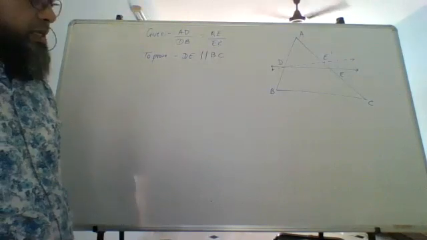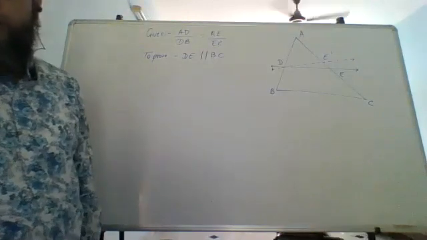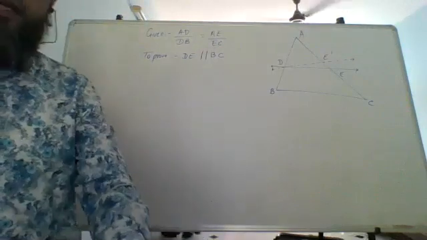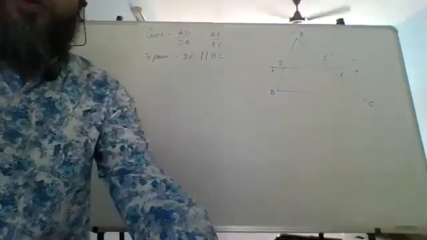Now this, as I said, is an indirect type of proof. So how are we going to prove this?